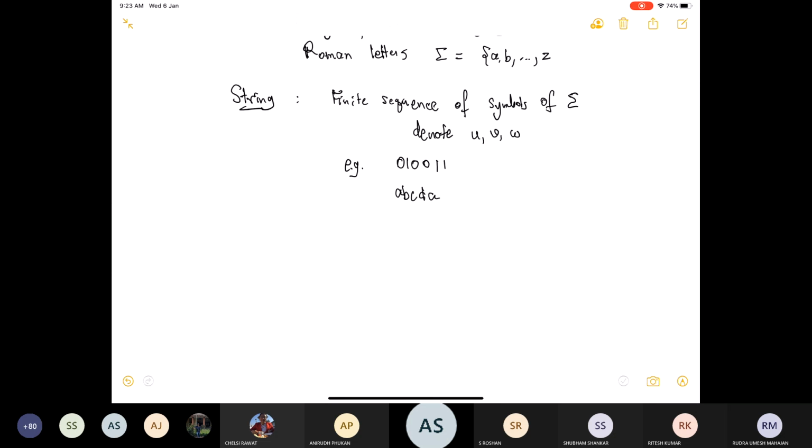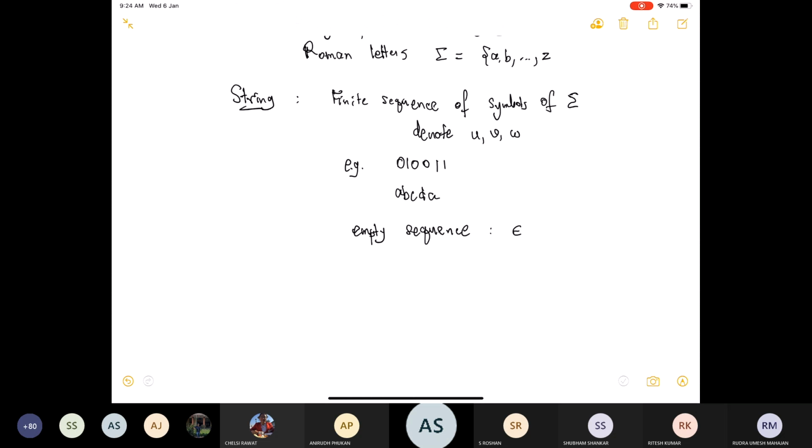And we also have the empty string, the empty sequence. The way to denote it is by using the small Greek letter epsilon, but some books also use lambda. We'll use epsilon in this course.